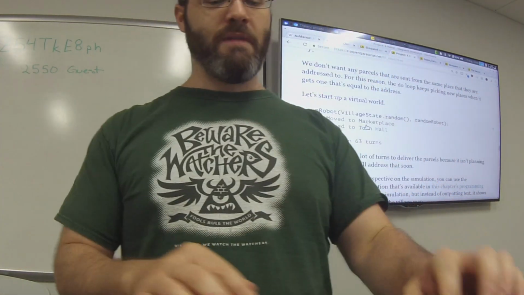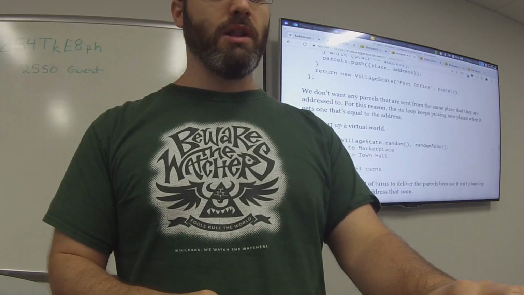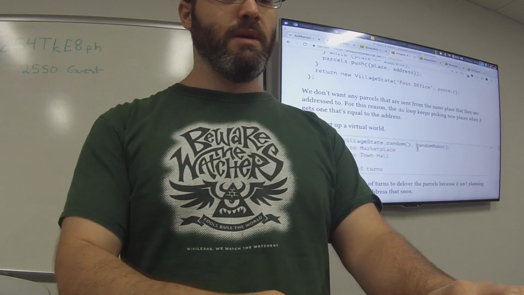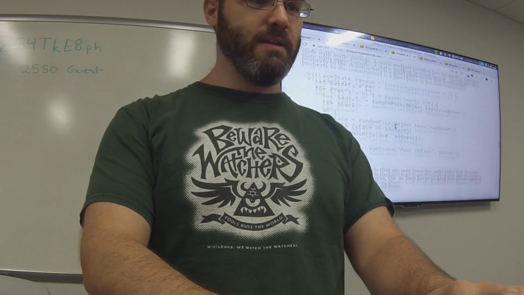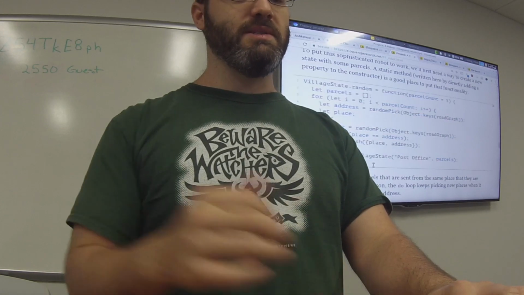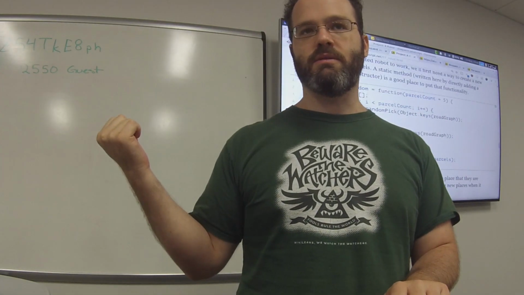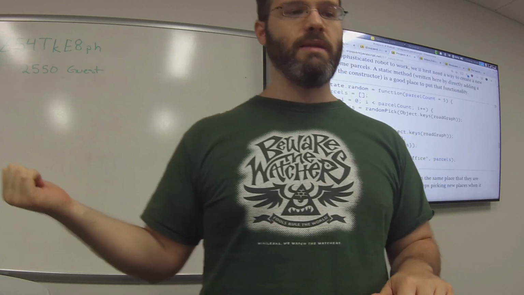So we have this thing, runRobot, and essentially we can call it with VillageState.random. Well, let's look here. Here's VillageState.random. Let's go through what this is doing. VillageState.random takes a parcel count. You can give it whatever number you want.